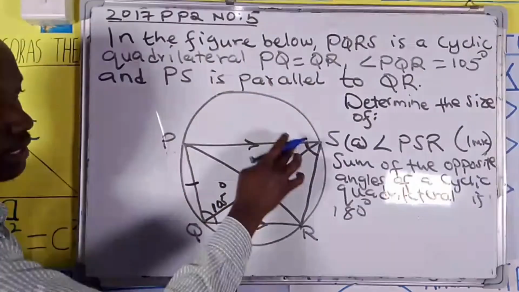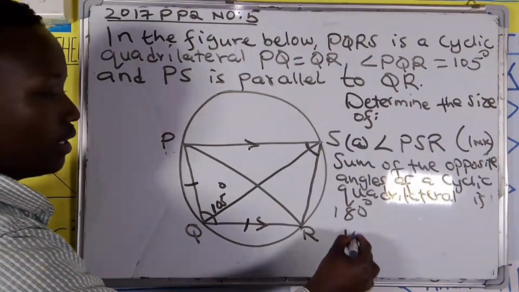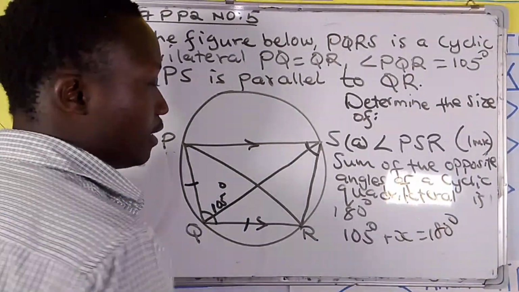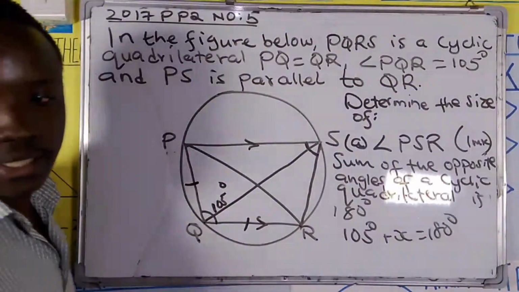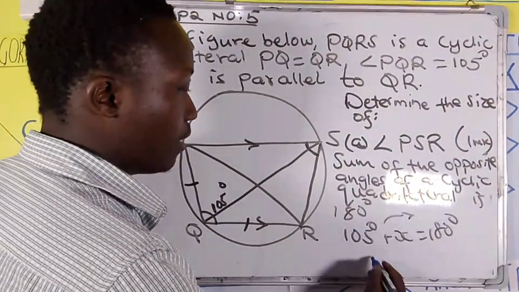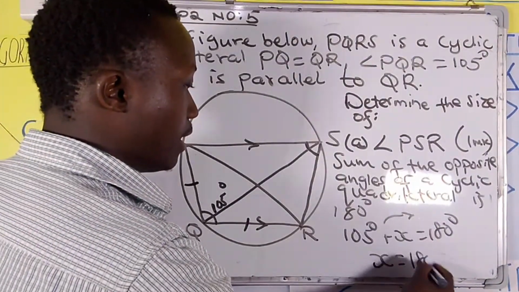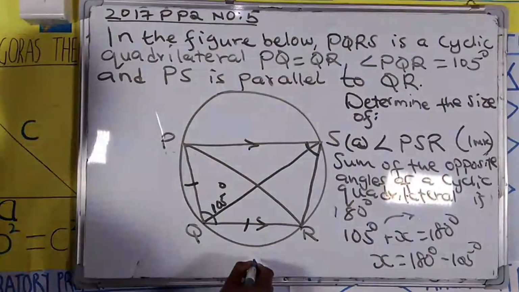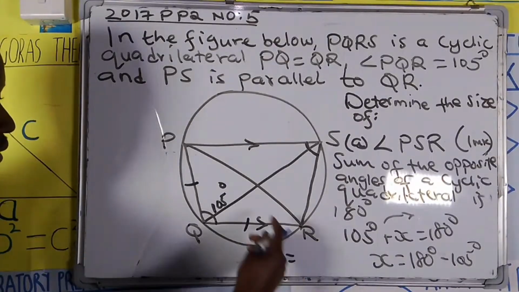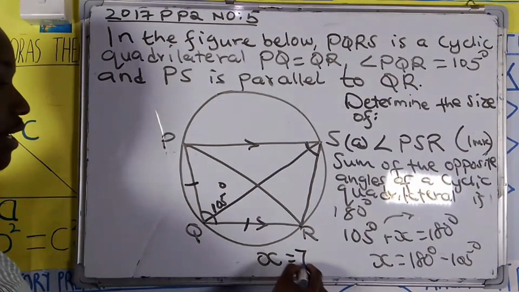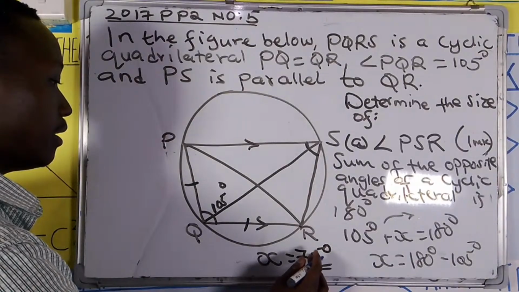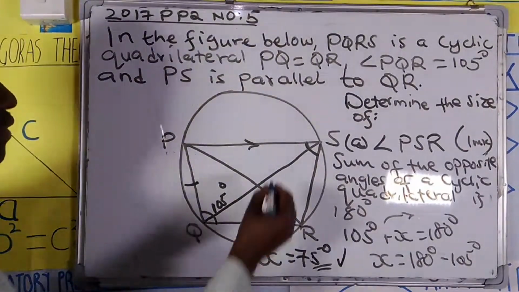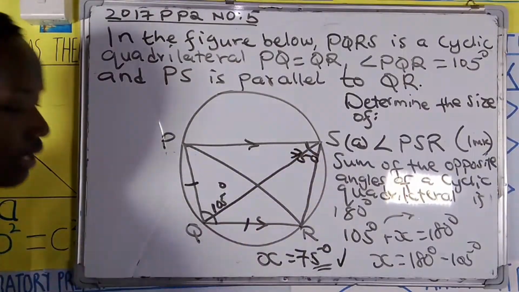So this angle here plus this should be equal to 180. So 105 degrees plus x should be equal to 180. We take 105 to the other side and x is equal to 180 degrees minus 105 degrees, and we will get x as 75 degrees.